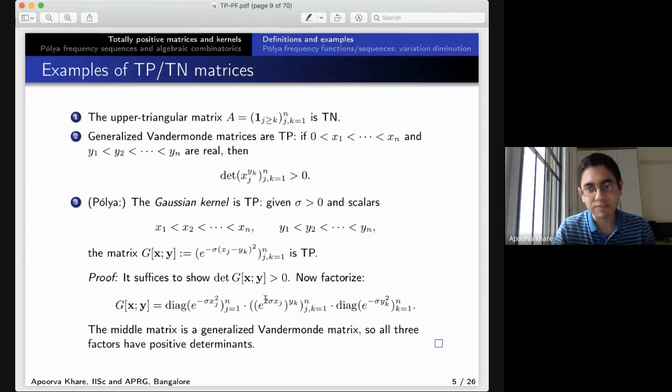But the matrix itself factorizes as a product of a diagonal matrix, e raised to minus sigma x_j squared, times the cross term, e raised to plus 2 sigma x_j y_k, which is actually a generalized Vandermonde matrix, times e raised to minus sigma y_k squared. Now the two outer matrices are diagonal with positive entries, so they have positive determinants, and the middle one, by property 2, has the same property. So the real question is why a generalized Vandermonde matrix is totally positive.